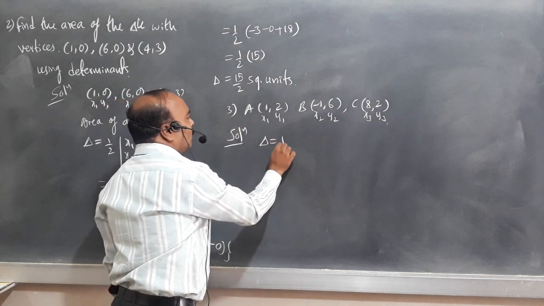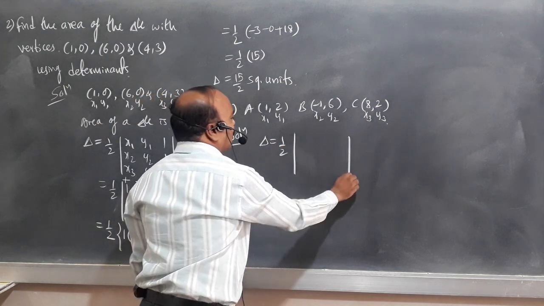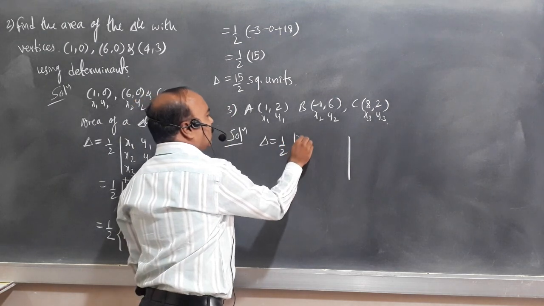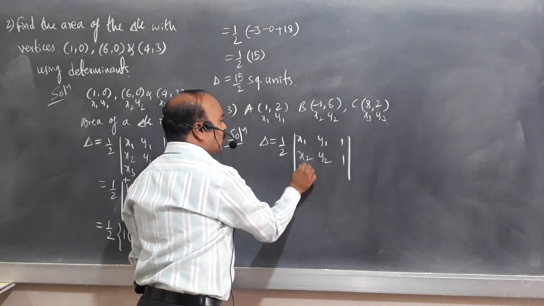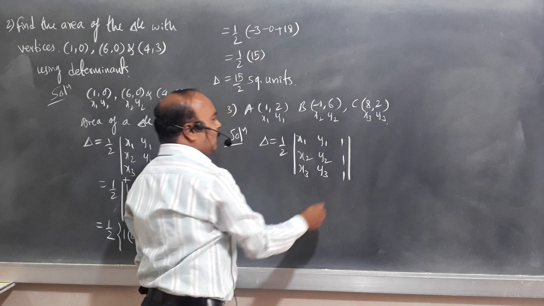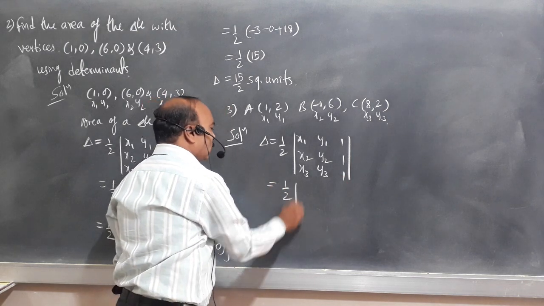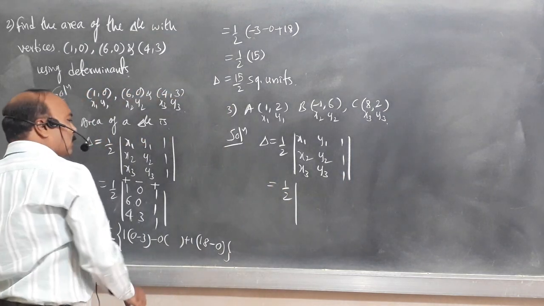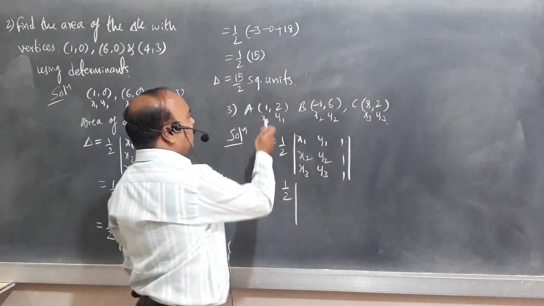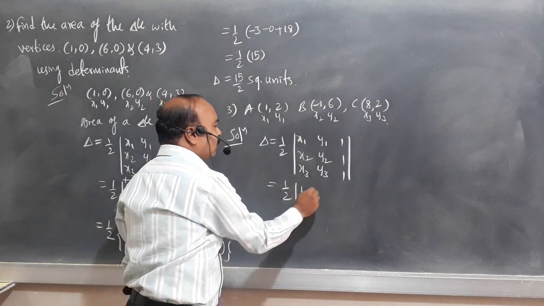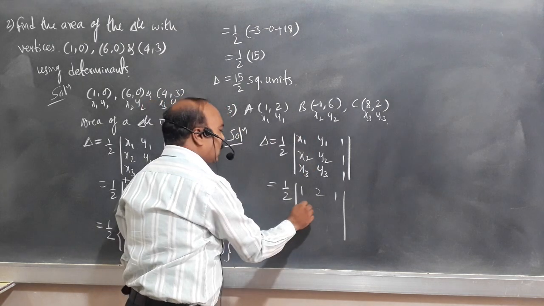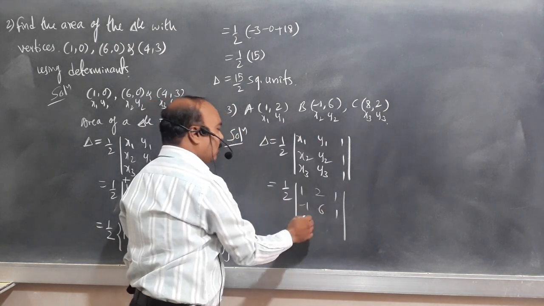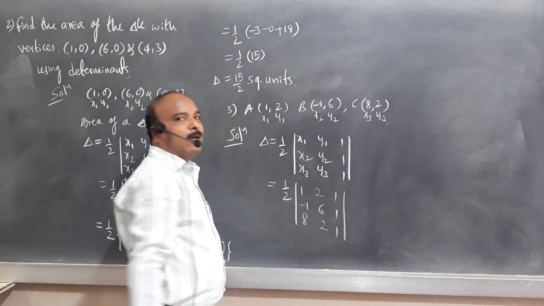Delta equal to 1 by 2 into the determinant x1 y1 1, x2 y2 1, x3 y3 1. So 1 by 2, with x1 is 1, y1 is 2, we get 1 2 1, second row minus 1 6 1, third row 8 2 1.